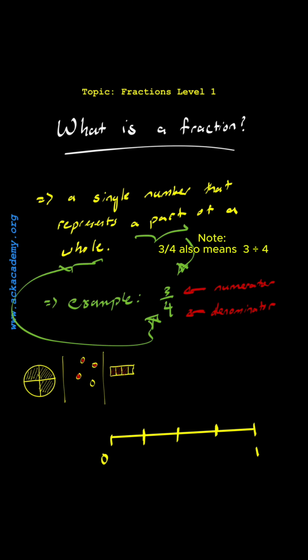Okay, because we have 1, 2, 3, 4 marks here, and we're saying that 3/4 of this, so this is 3/4 here, and then this would be 4/4, which is equal to 1. Okay, so we have 1/2. We have 3/4.